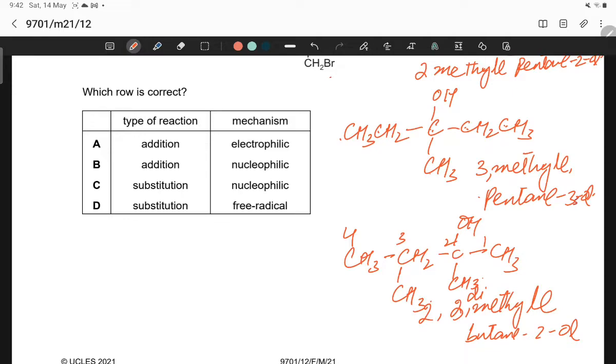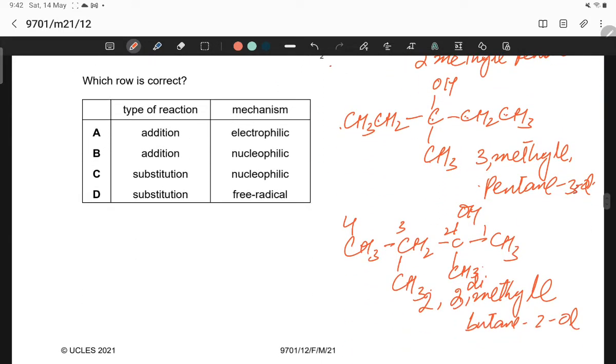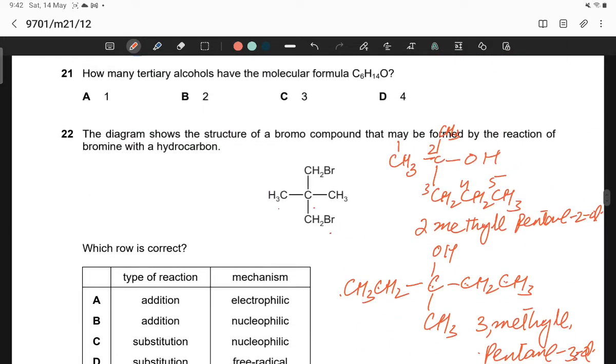So there are three possibilities, three different tertiary alcohols can be there. So the correct answer is 3.